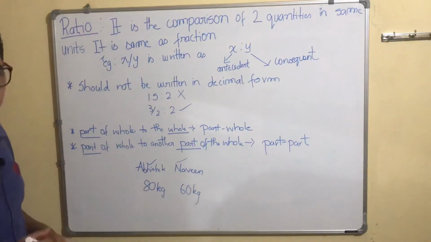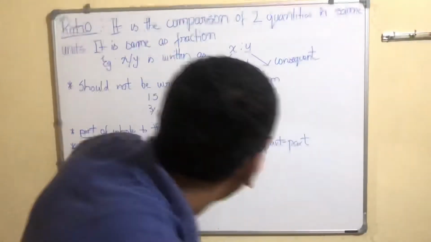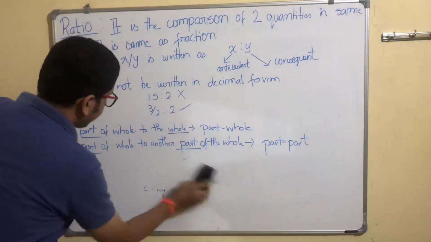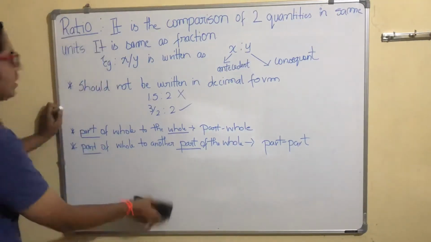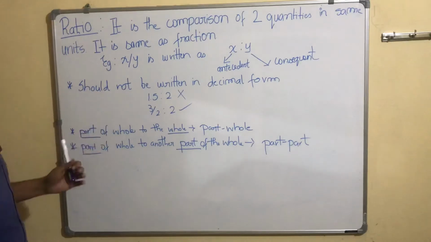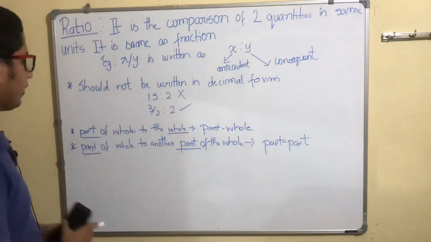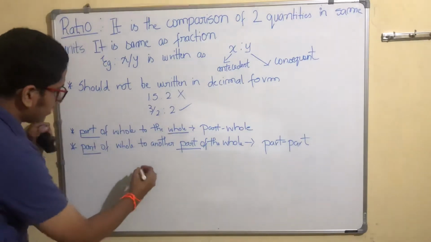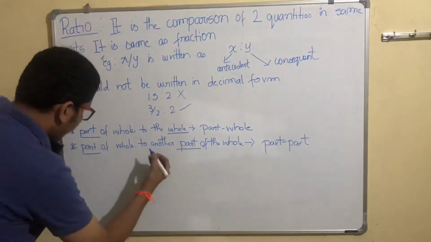We have to compare like quantities, so a ratio is a comparison of the same kind, and it is the same as a fraction. We can express fractions as ratios and ratios as fractions. Let's take the weight only.